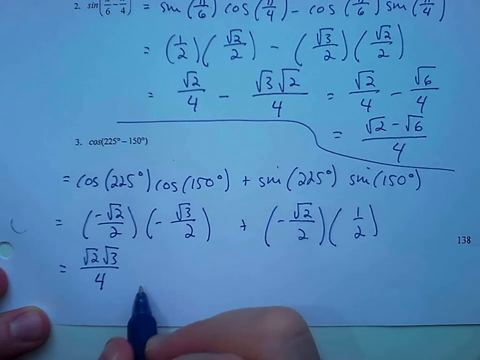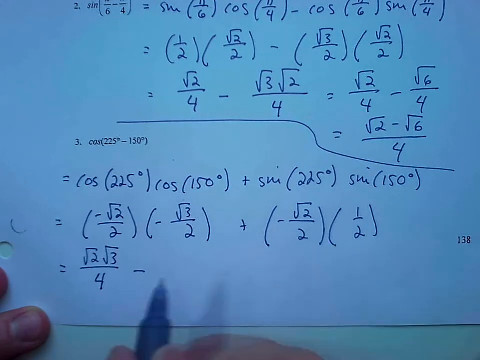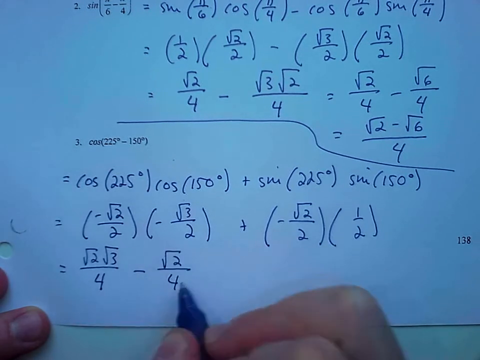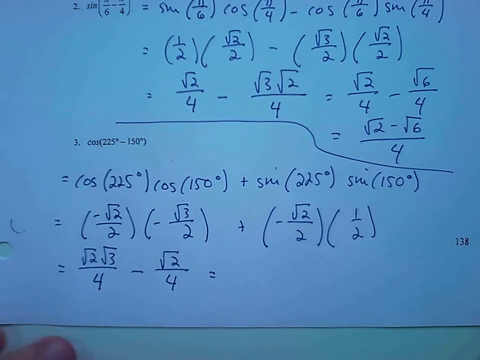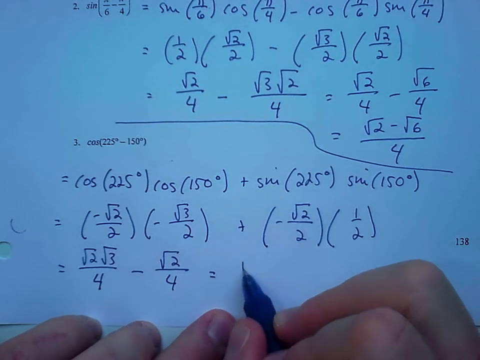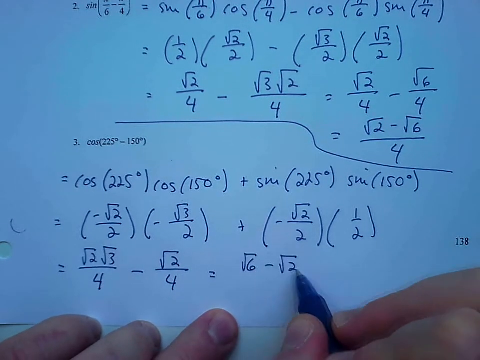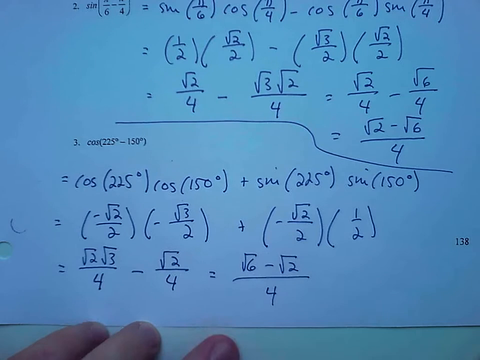And over here, then we're going to get minus square root of 2 over 4. These have the same denominator, so we can call this the square root of 6 minus the square root of 2 over 4. Alright, let's go on to the next page of notes.